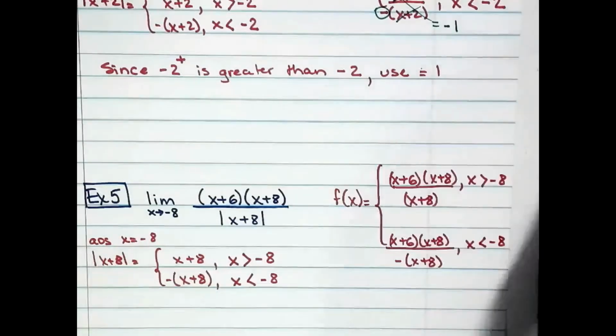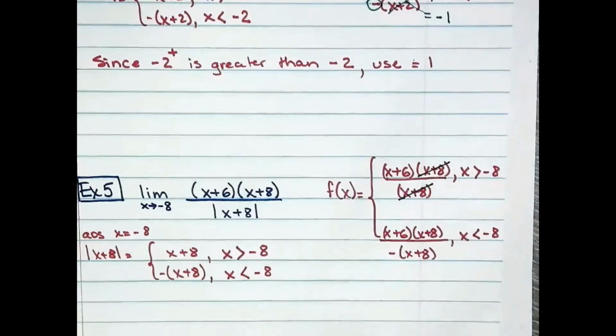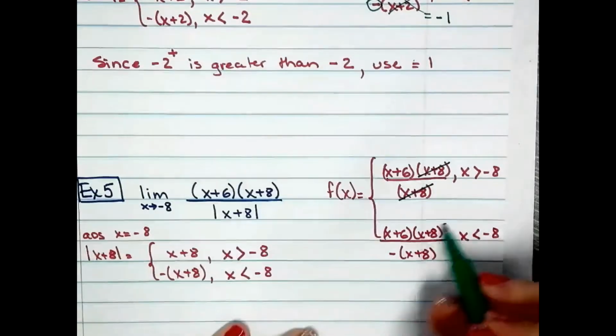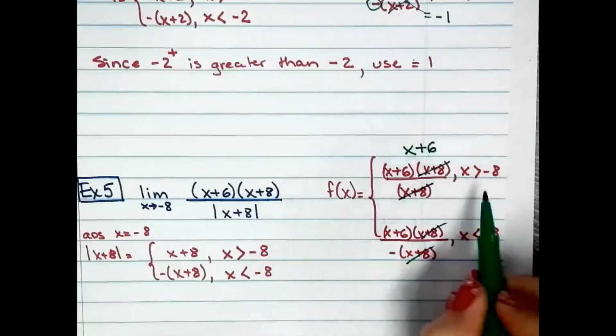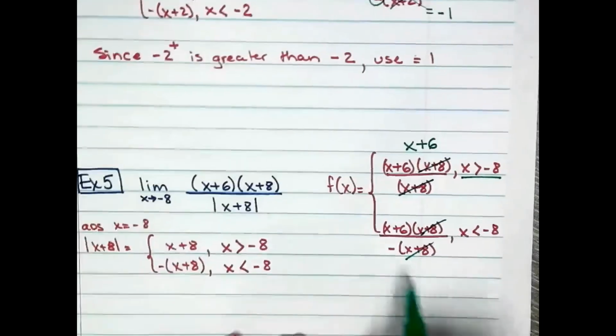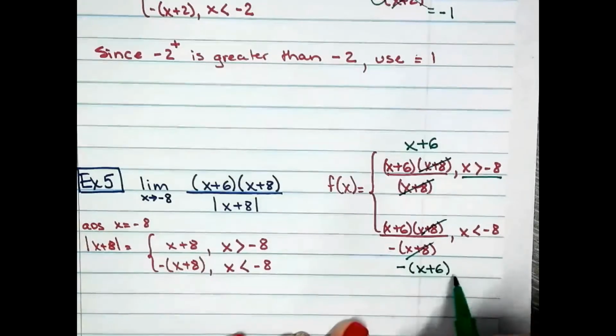Okay, simplify what I can here because you don't get a cookie for doing the hard way. Simplify what you can before anything else. So here you only have x plus 6 under these conditions, and here you have negative x plus 6 under these conditions.